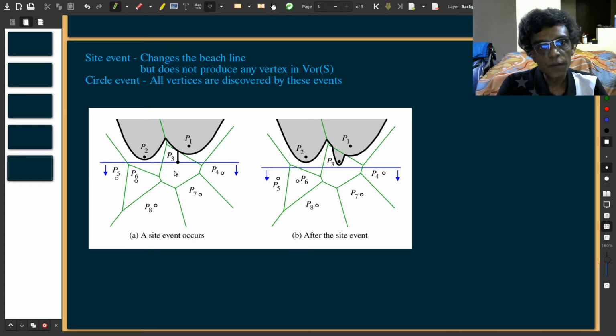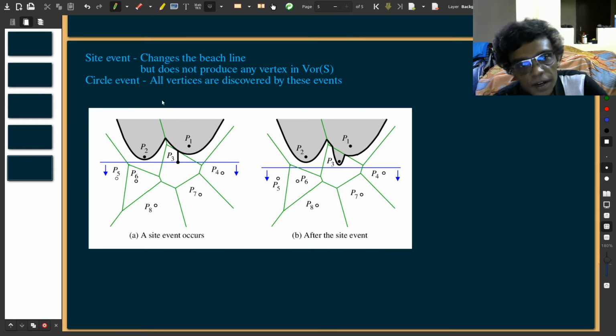So what do we have to do in order to handle a site event? You have a listing of P2, P1 before you encountered P3. Now after you have come across this new site, this list will change to P2, P1, P3, P1.